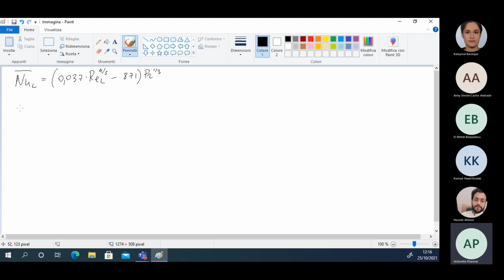This is the correlation for the Nusselt number in turbulent flow, and for the coefficient CF, the corresponding correlation in turbulent flow is this one.